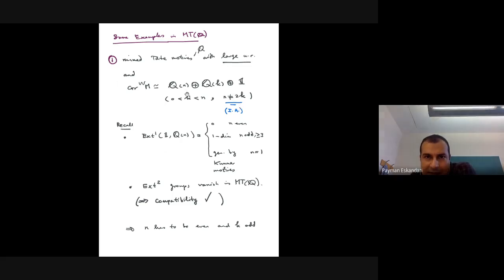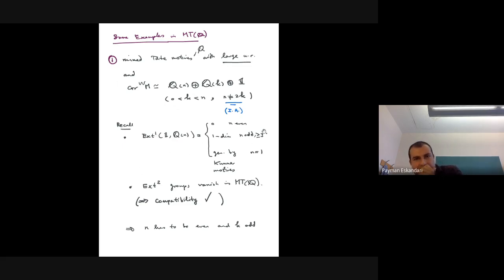Now, without loss of generality, you may assume that your highest piece is the unit object by twisting with a suitable power of Q(1). And then we want to classify all such motives with large unipotent radicals, and then the Ext groups in mixed Tate motives. I recalled these Ext groups earlier.